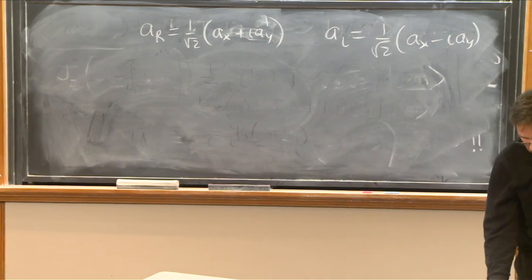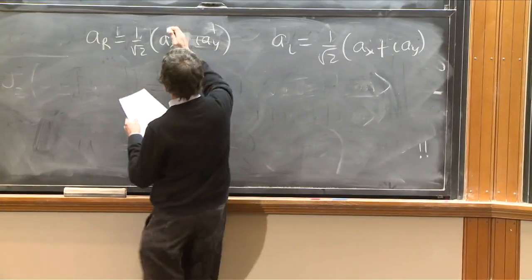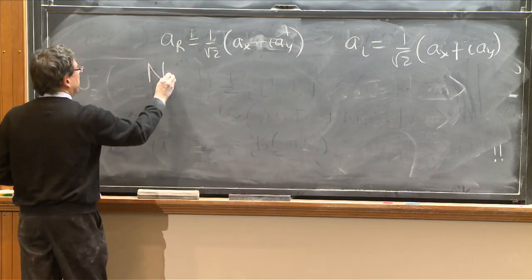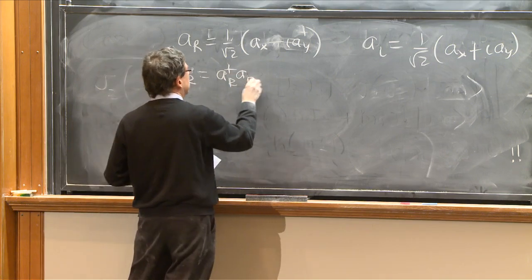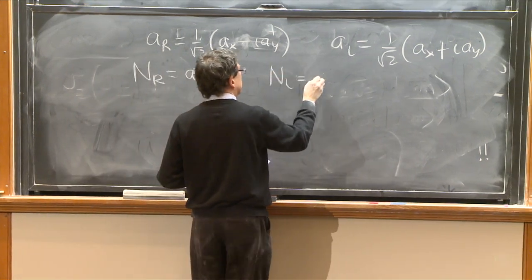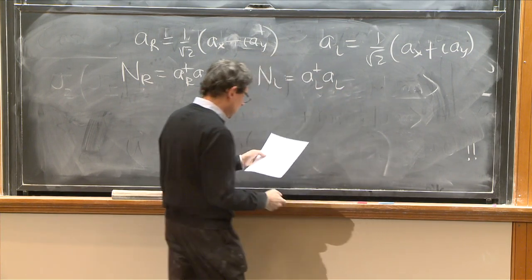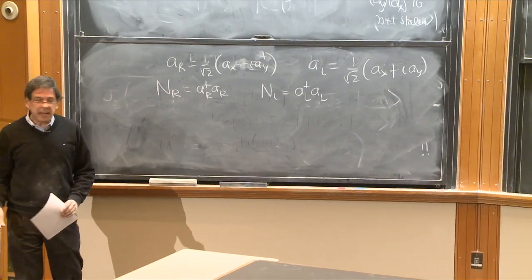I may have, no, the signs are wrong, plus and minus. And we had number operators, n_R, which was a_R dagger a_R, and n_L, which was a_L dagger a_L. And they don't mix a_Ls and a_Rs.